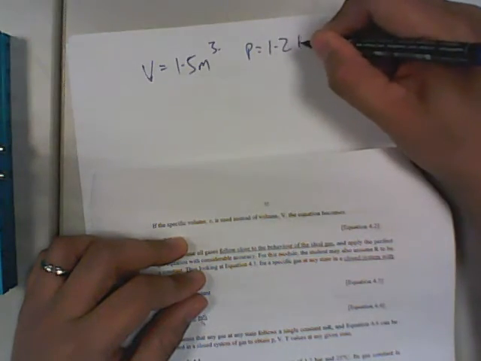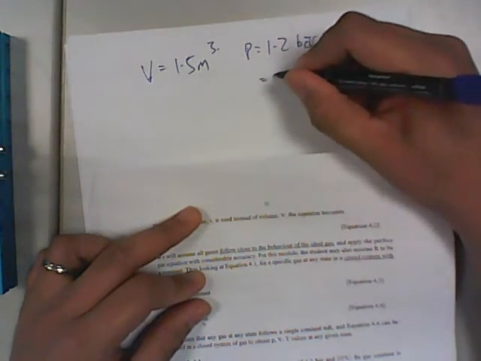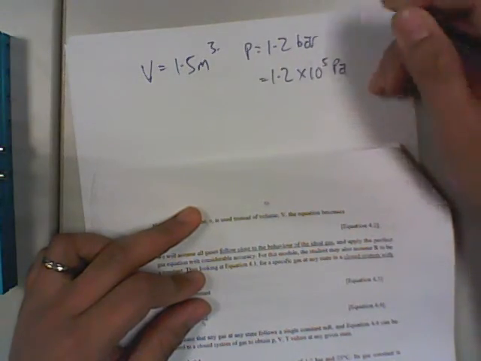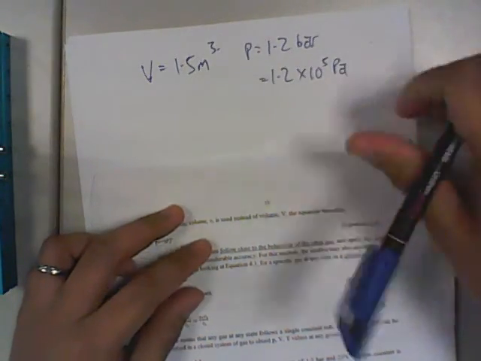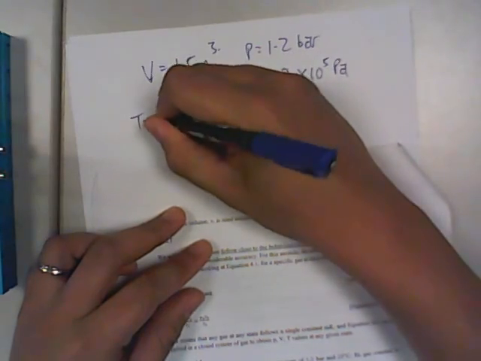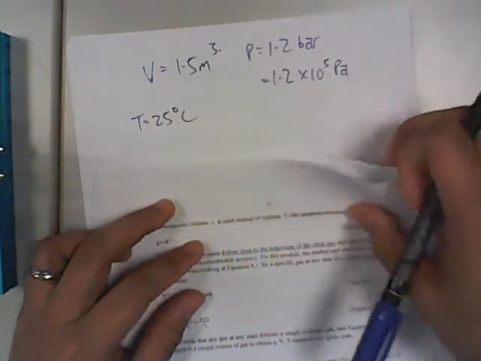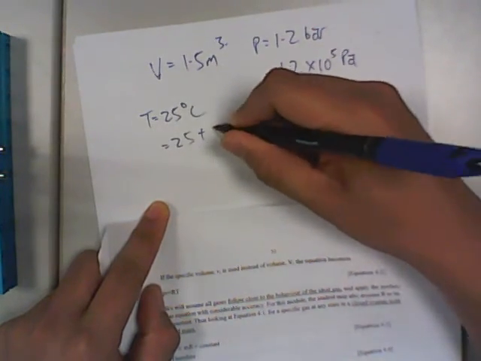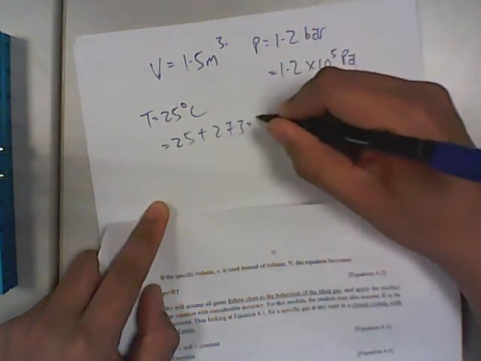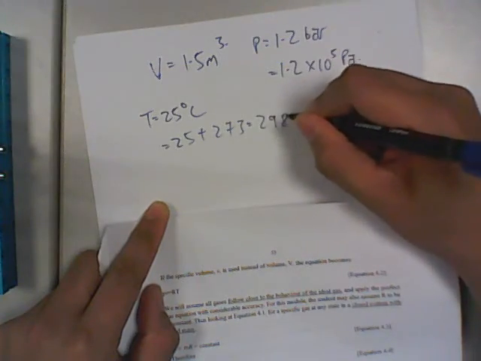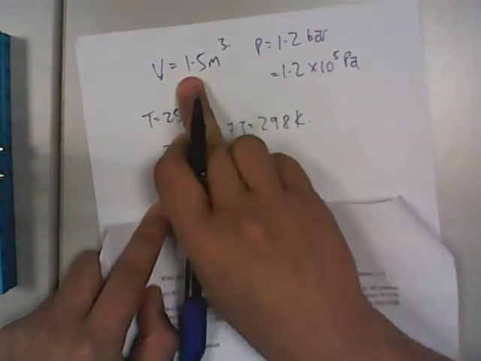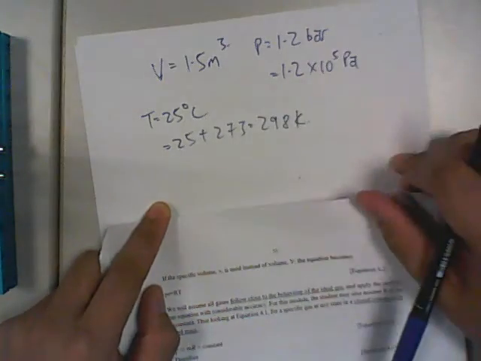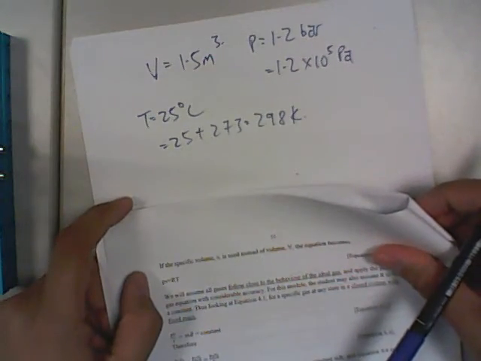Pressure is 1.2 bar. To convert from bar to Pascal, it is times 10 to the power of 5. And it has a temperature of 25 degrees Celsius. If we want to convert to Kelvin, it is 25 plus 273. It will give you 298 Kelvin. So my volume, pressure, and temperature are all here with their respective SI units.